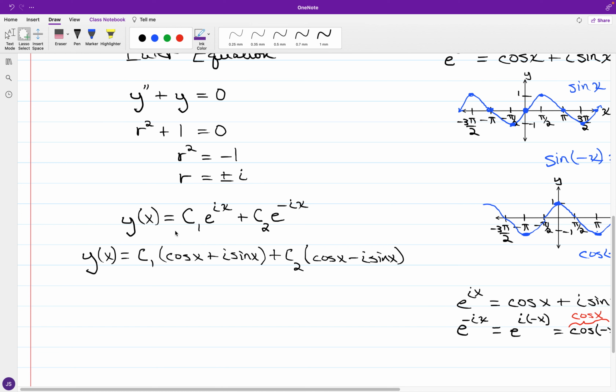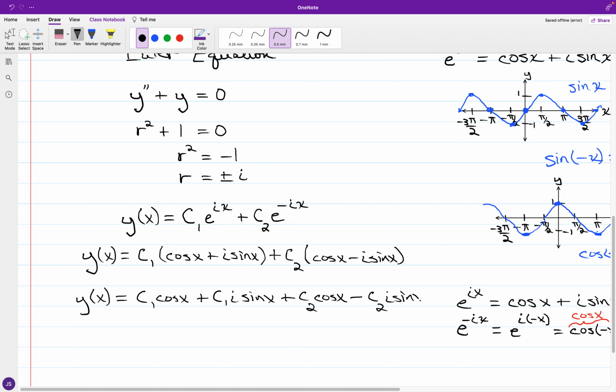Okay, so we have the setup. Now, if I were to distribute, you have y of x equals c sub 1 cosine of x plus c sub 1 i times the sine of x, plus c sub 2 cosine of x minus c sub 2 i times the sine of x.